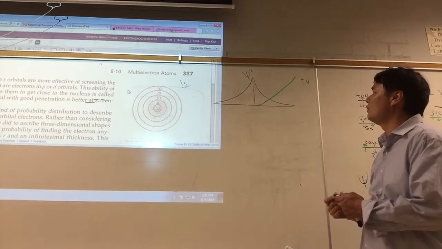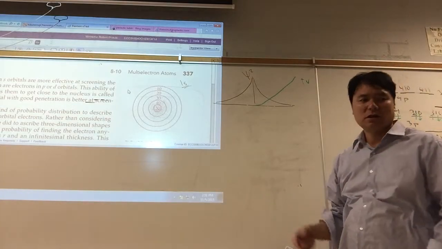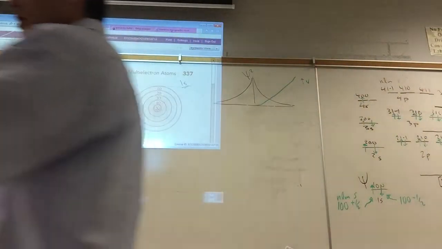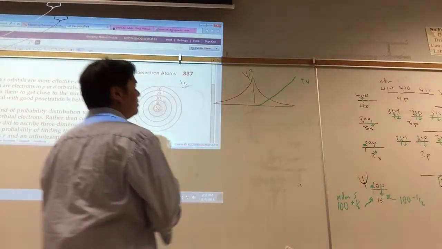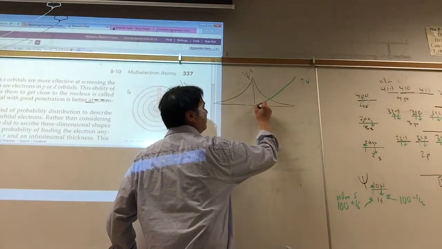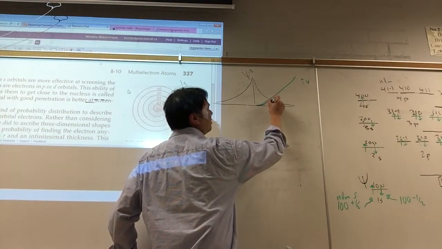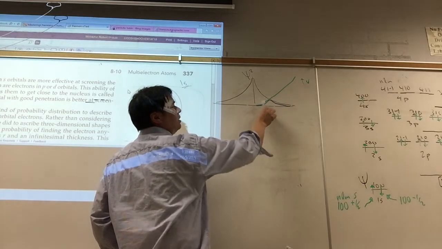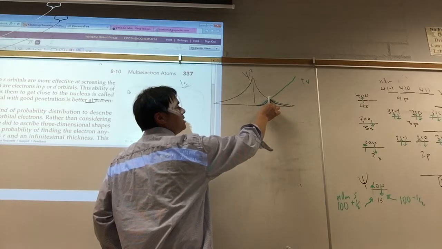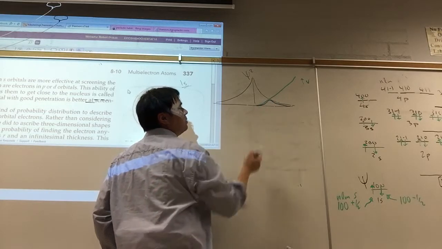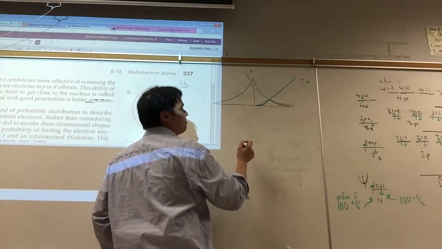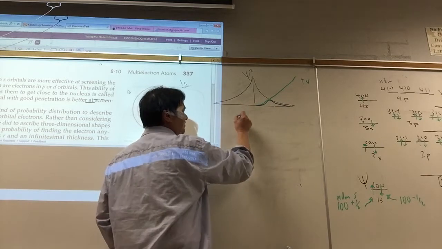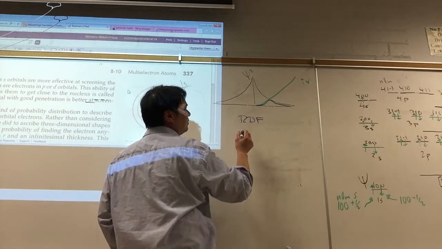So what we want to do is maximize both functions. We want to maximize the probability, and we want to maximize the density of dots. When we do that, we'll see we get a curve that looks like this. At this distance, we have the greatest volume and the greatest density of dots. And so this should be the most probable distance here. That function is called an RDF or an RPD.